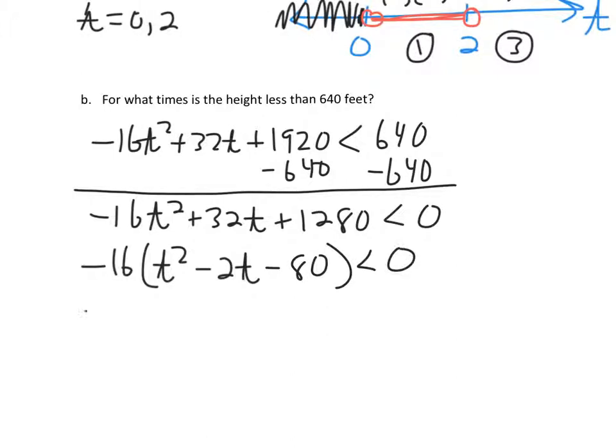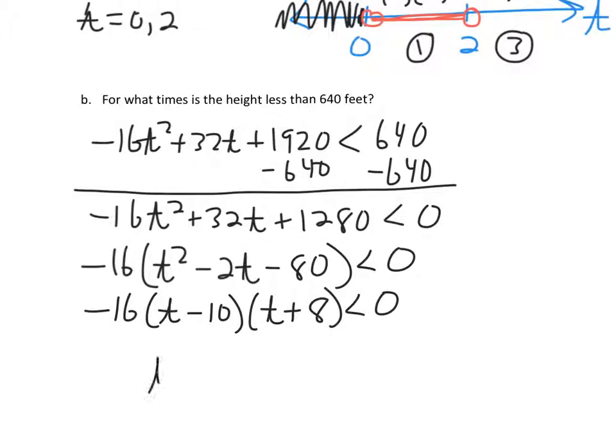And that can be factored again into t minus 10 and t plus 8. So the zeros are 10 and negative 8. Notice this first factor, negative 16, is just a constant, and that'll never be equal to 0, so it doesn't produce any zeros.